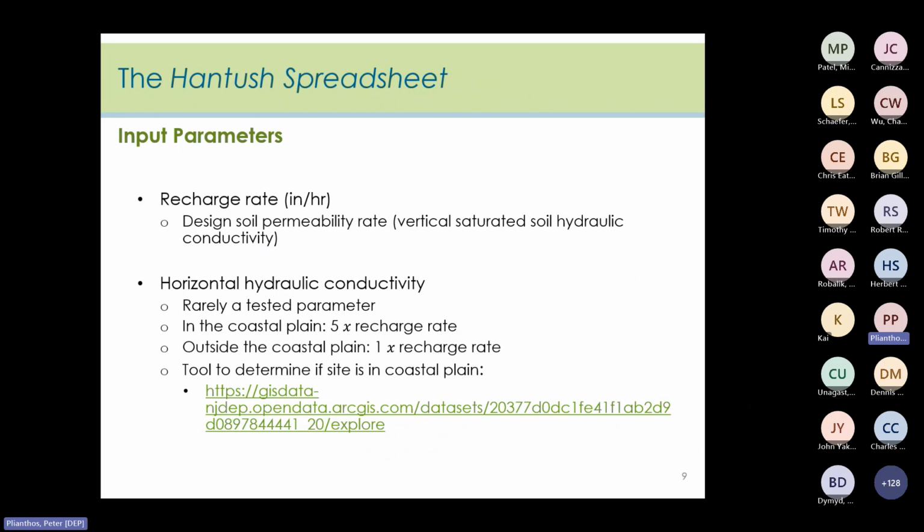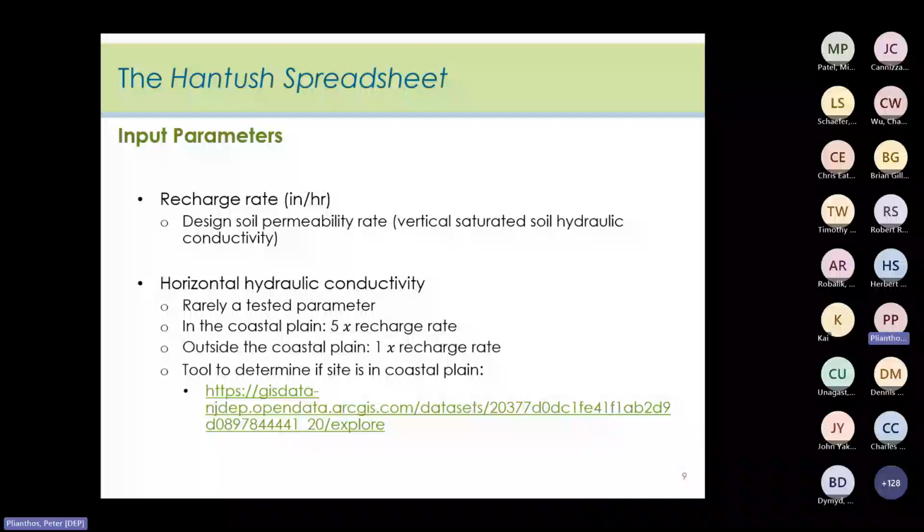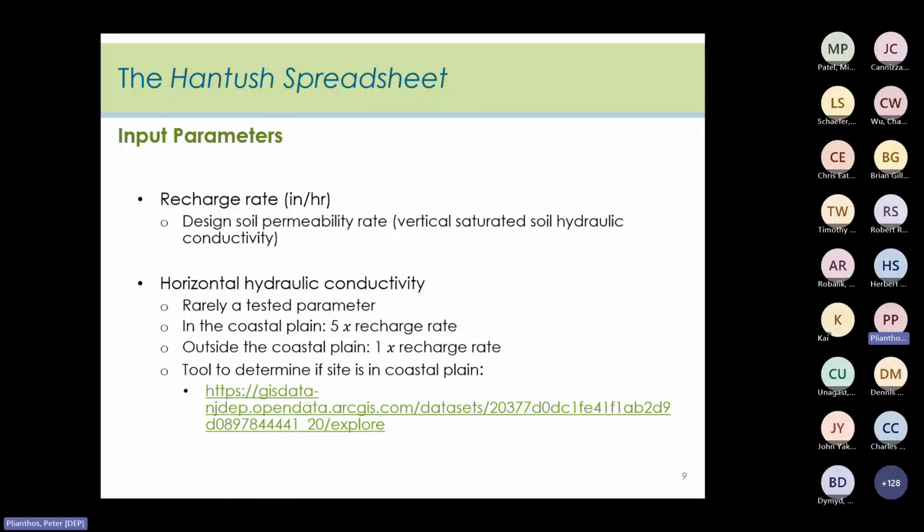If the site is located in the coastal plain, then the horizontal saturated soil hydraulic conductivity is presumed to be 5 times the recharge rate, meaning the vertical saturated soil hydraulic conductivity. If the site is located outside the coastal plain, the horizontal saturated soil hydraulic conductivity is presumed to be the same as the recharge rate, that is, the vertical saturated soil hydraulic conductivity.